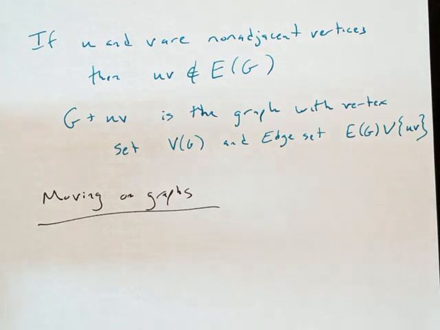Place, therefore, is a node. I'm going to move from vertex to vertex to vertex. I need to tell you what edges I'm taking, right?